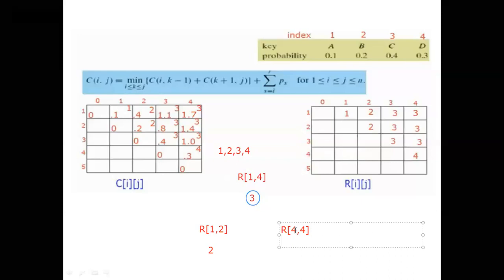What is the value of R of 4,4? It is 4 as the root. Now again I will put both in circles, 2 and 4, and I will make the edges also.